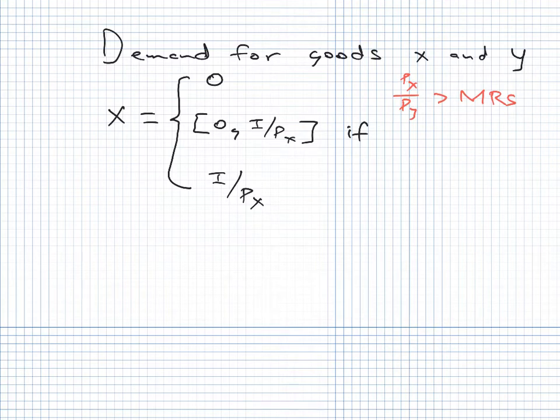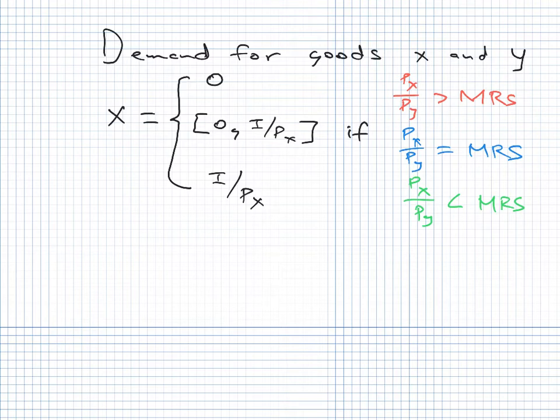The consumer is going to choose to spend all of her money on good X if Px over Py is less than the marginal rate of substitution, and she'd choose to be somewhere in that interval, the middle case, if Px over Py is equal to the marginal rate of substitution.